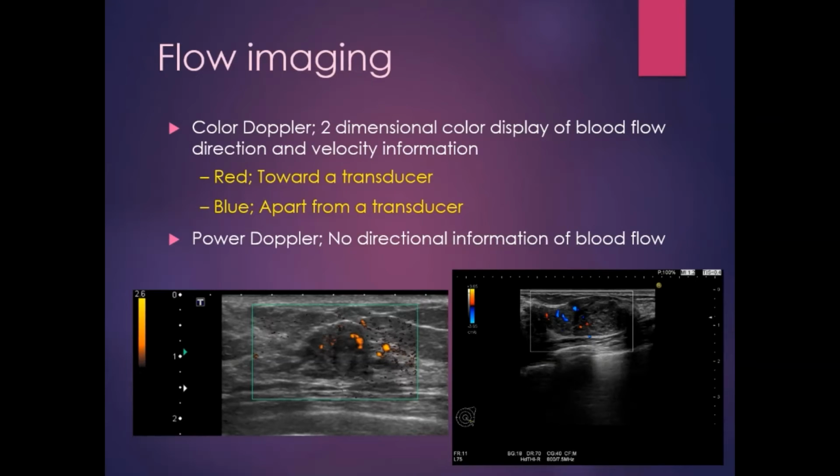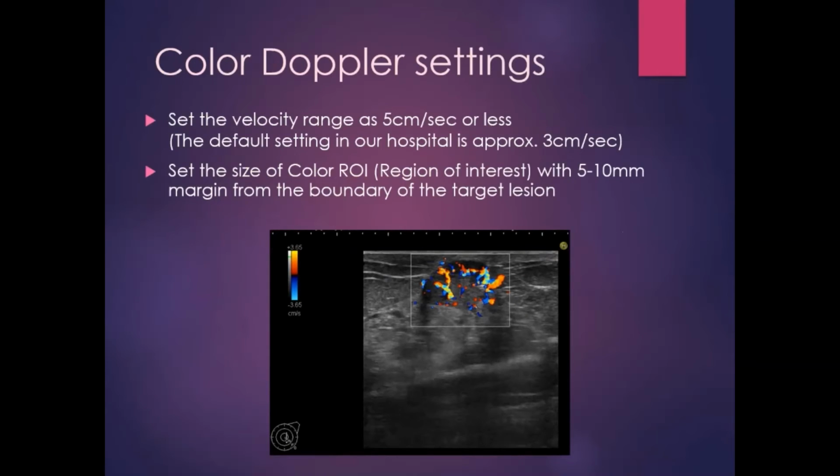As to the color of Color Doppler, red means flow toward the transducer, and blue means flow apart from the transducer. Generally, the blood flow velocity in a breast region is low, so we set the Color Doppler velocity range as 5 cm per second or less. The default setting in our hospital is approx 3 cm per second.